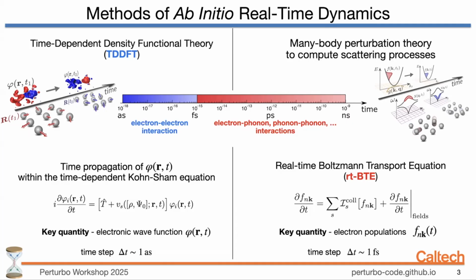If you want to capture the effects on this time scale, the Boltzmann transport equation offers a framework to compute these carrier dynamics with relatively small computing cost. The theory of BTE was already covered in yesterday's lecture. So if you want to revisit those, I encourage you to do so after today.